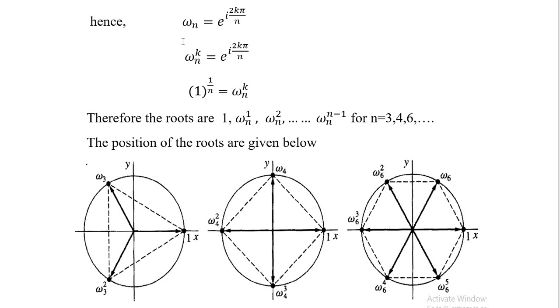In general, you may expand this: the nth root, Wn, we know is e power i 2k pi by n. Therefore we may write the nth roots of unity as Wn to the power k. If you expand this, we get a diagram that looks like that. First omega n to the power 3 roots we can find, and 4 roots and 6.